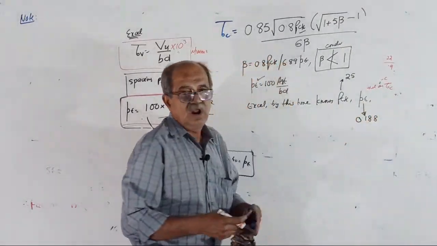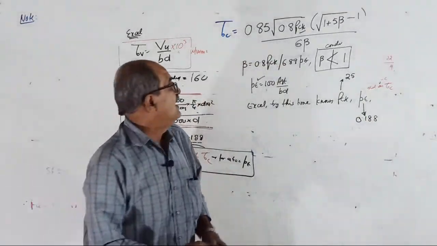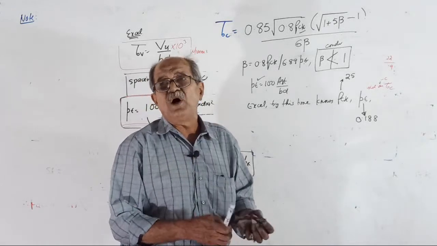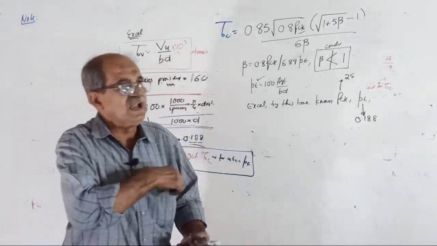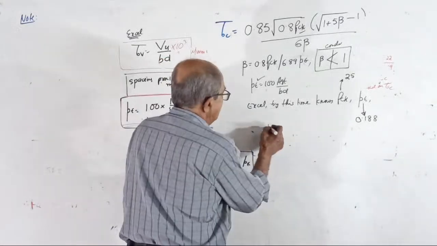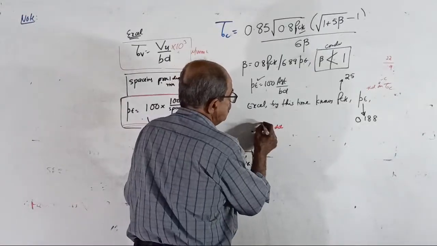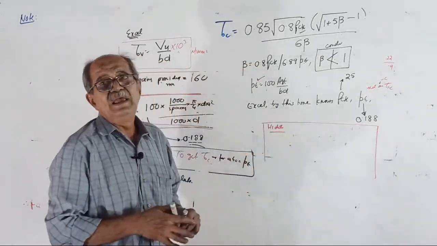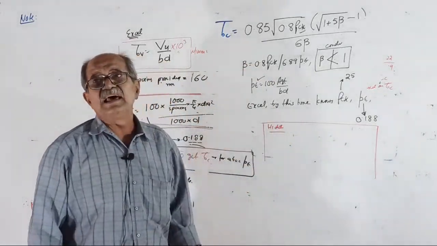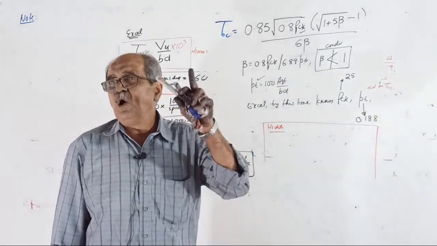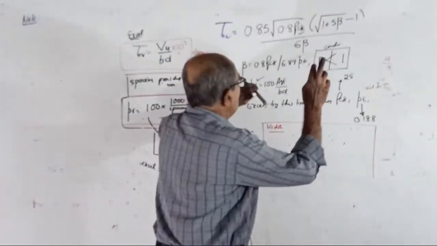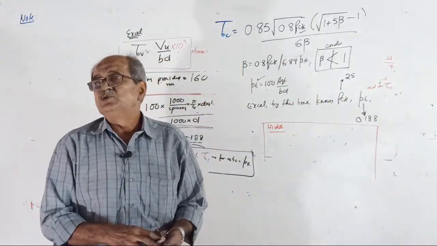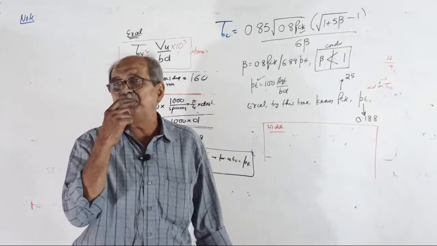Okay, that's all. Now in the Excel you should not write the equation for tau c before this. You should tell Excel how to find what value. Excel already knows FCK and PT, so you should not tell Excel the equation for tau c directly.